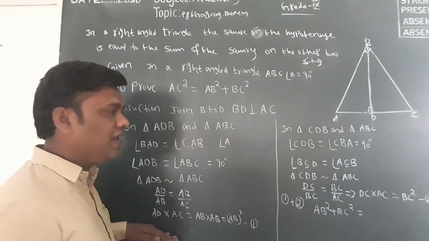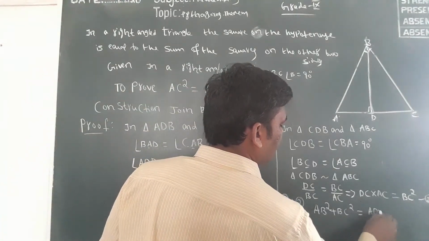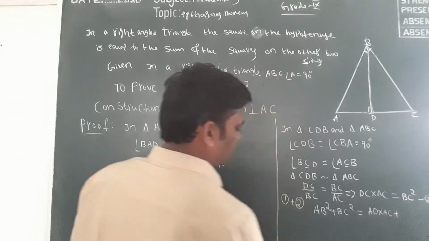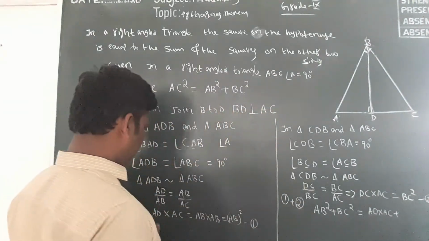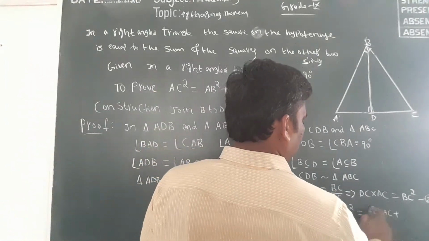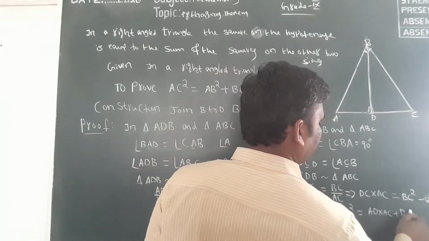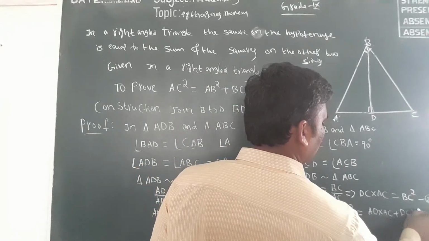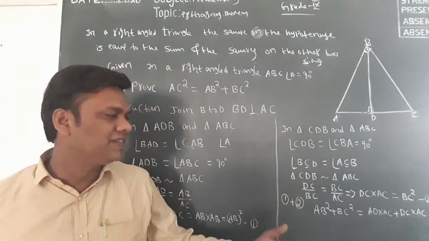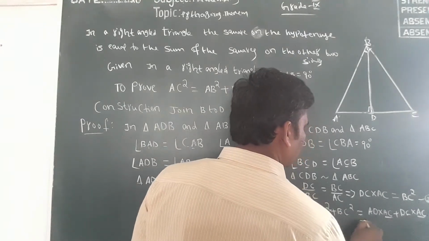AD into AC. Plus BC square is DC into AC. What is common in this? AC is common.